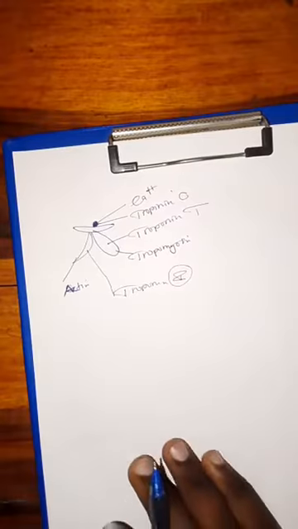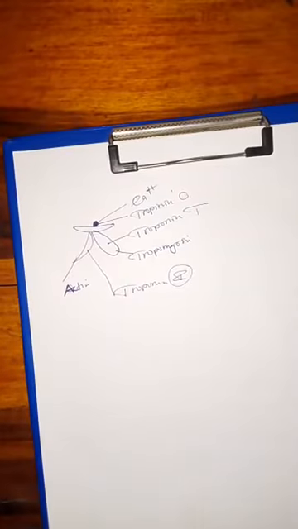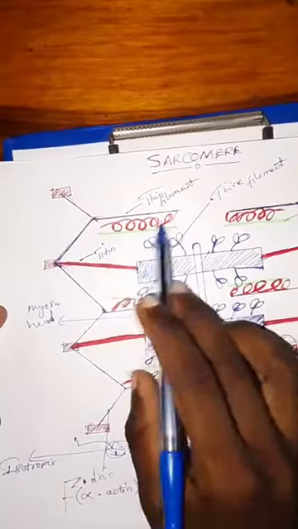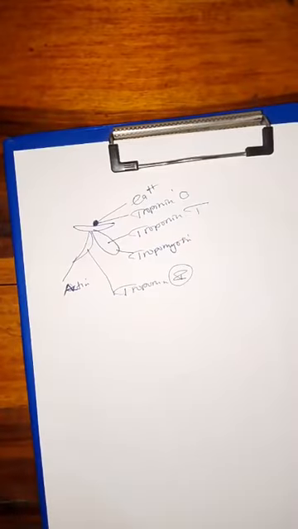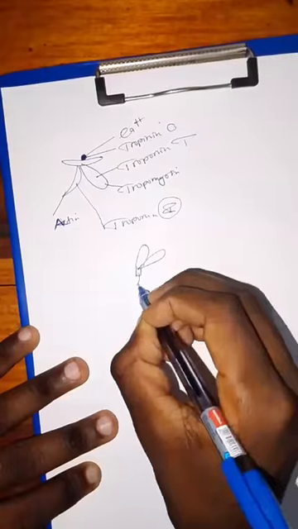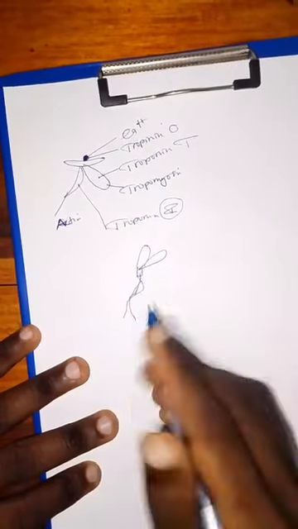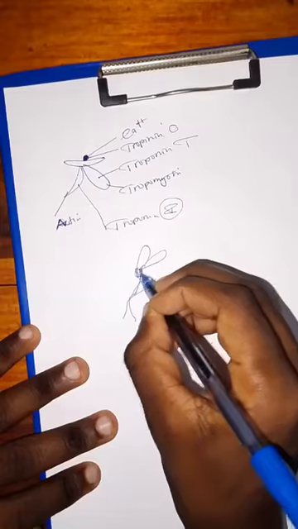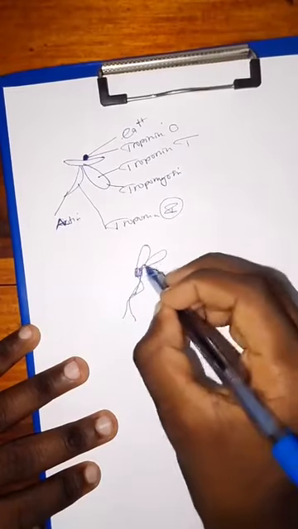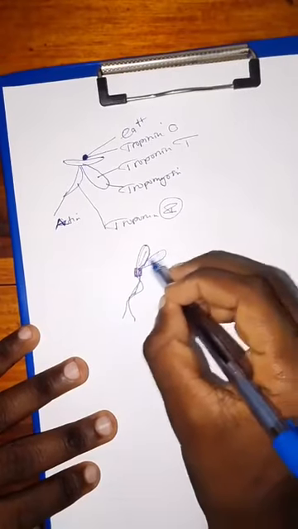On the same sarcomere, like I showed you, these are the myosin heads. Now let's look into the structure of the myosin head. This is the neck of the myosin head. There are 2 heads.